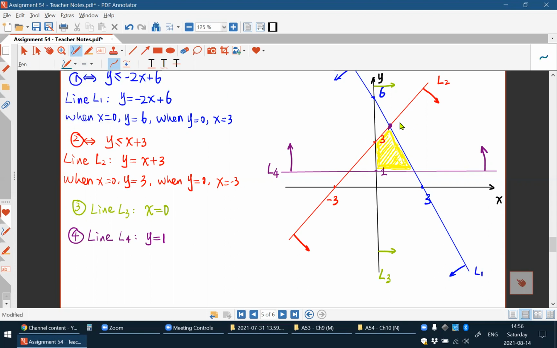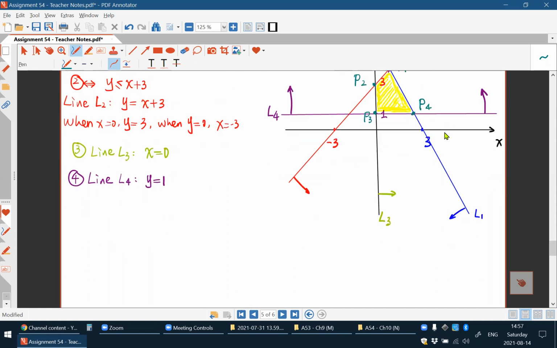let's call them P1, P2, P3, and P4. So this region has 4 vertices, right? Next, we need to calculate the coordinates of P1, P2, P3, and P4.